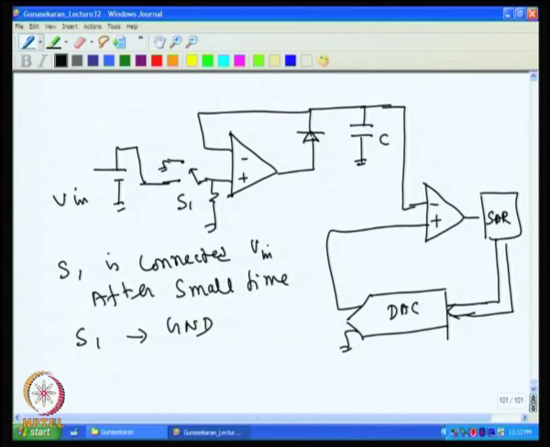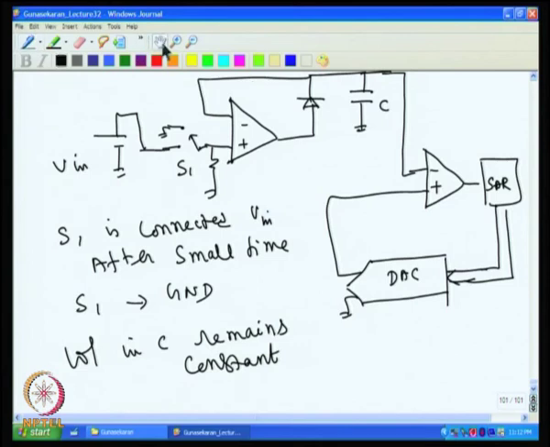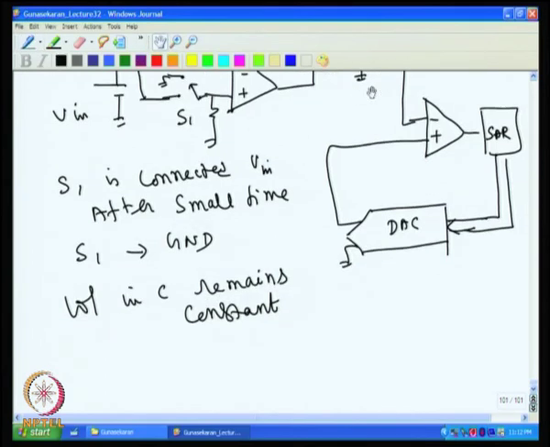Now the voltage in C remains constant, because it cannot discharge, assuming the bias current is negligible.